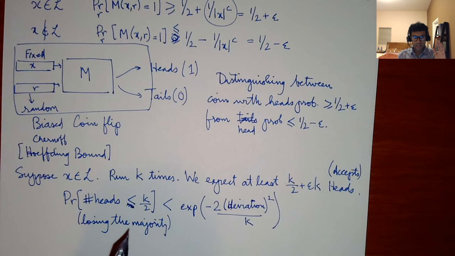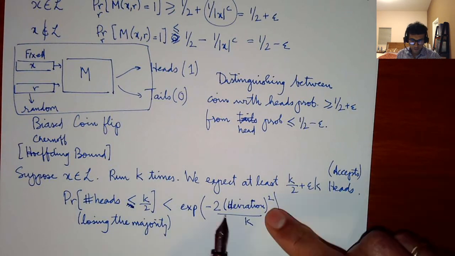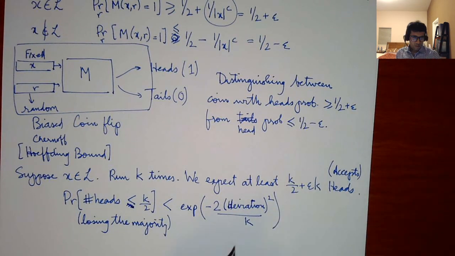The probability is exponentially small in the deviation squared divided by the number of trials. So as you increase the deviation, your probability is going to go down. The likelihood of deviating more and more is going to go down.